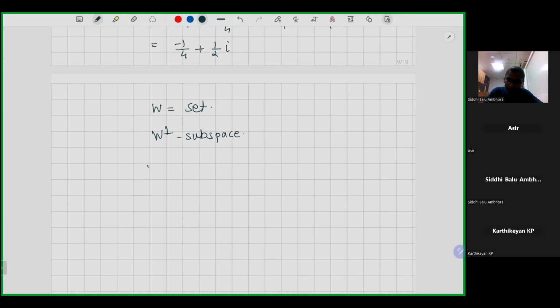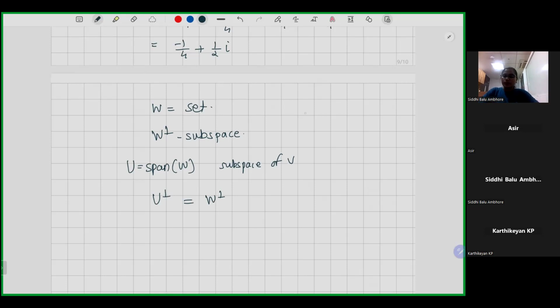But even if I take span of W and call this some U, this is now a subspace of V. Then U perp is actually W perp. That's what I'm saying.